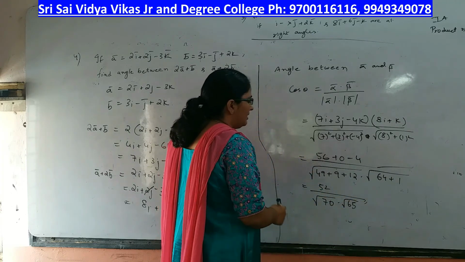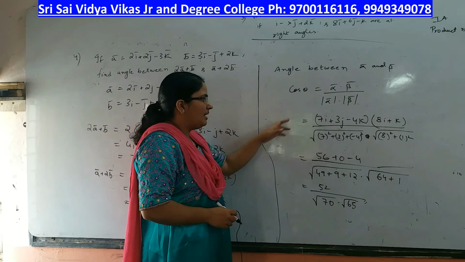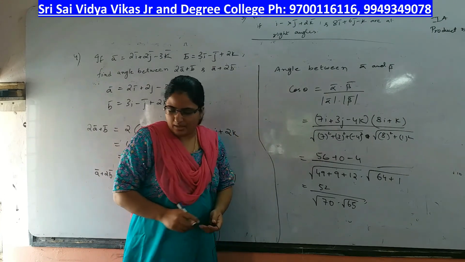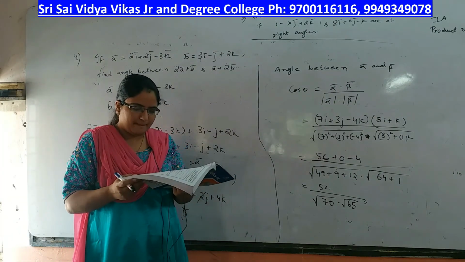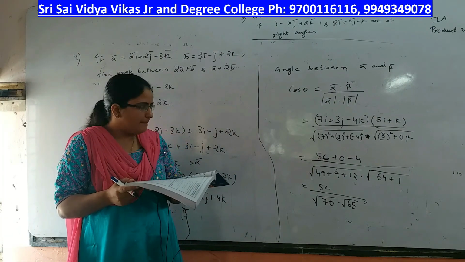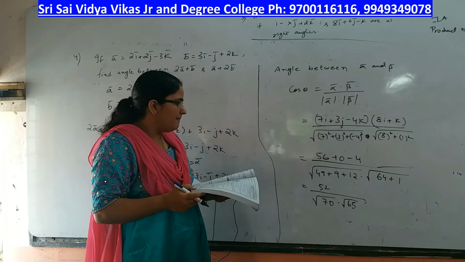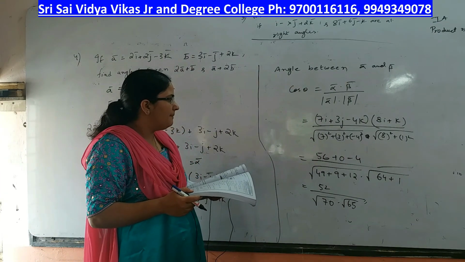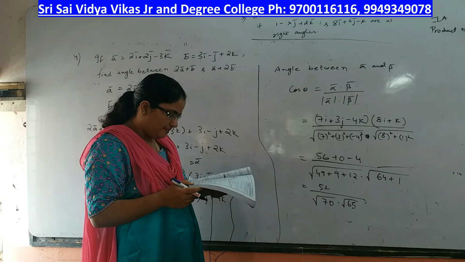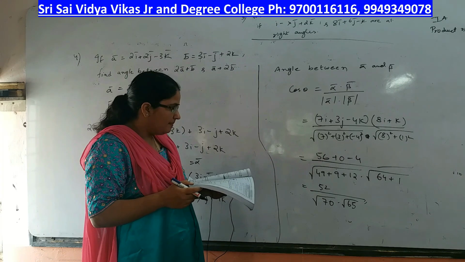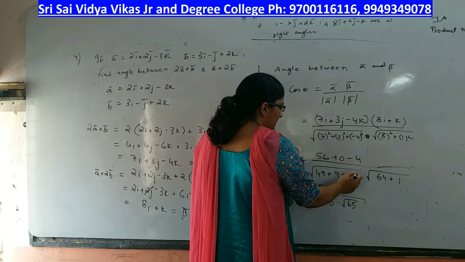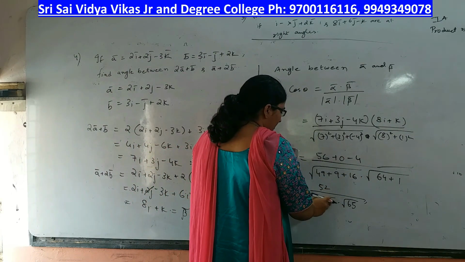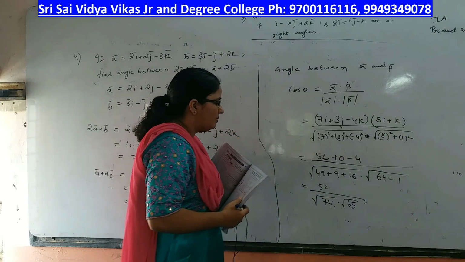So this is the angle between alpha bar and beta bar. Let us discuss the next problem.